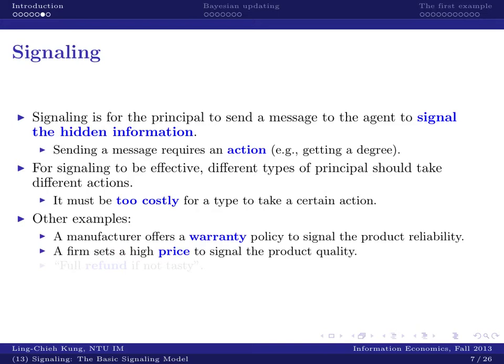When you see an iPhone and it's just more expensive than similar quality products, then you still think it's of high quality, right? That's something happening in the world.